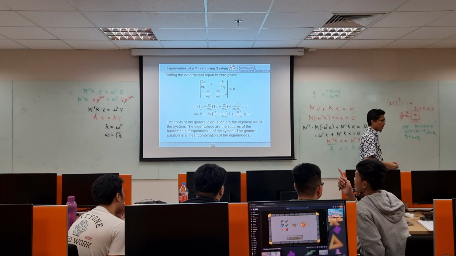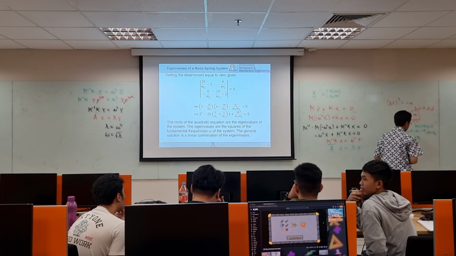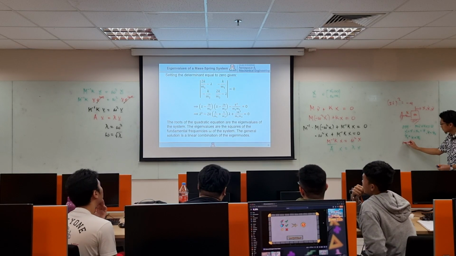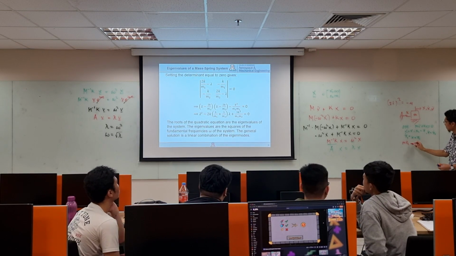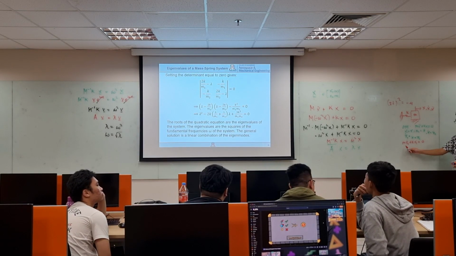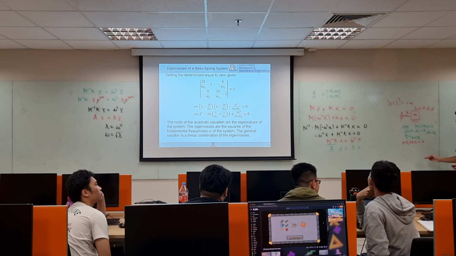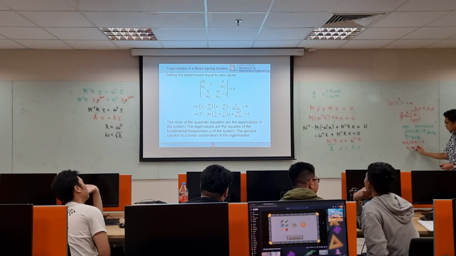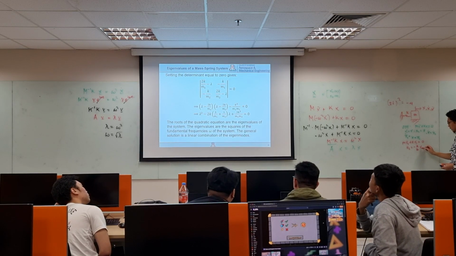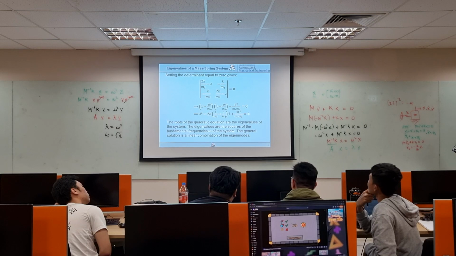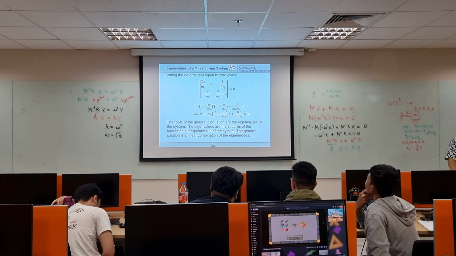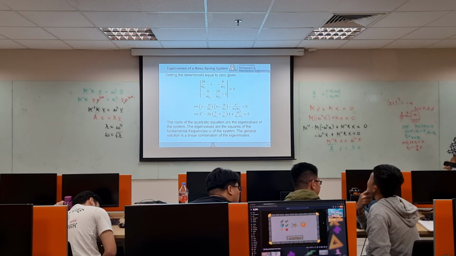So now I can write down mx2 dot plus kx1 equal to 0. Agree with this? So I'll just express what is x2 dot. It is minus k over m x1. I move it to the right side. Understand?